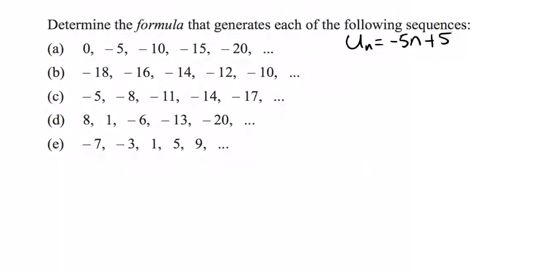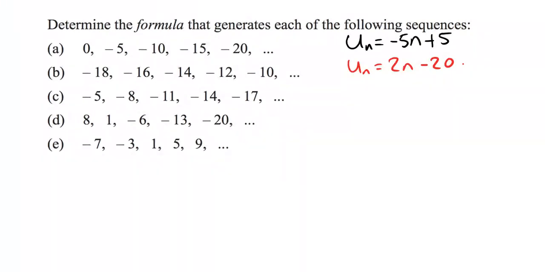Plus 5. There's my answer to A. For B, we are going up this time, in 2s. Un equals 2n. But what do I add to 2 to make minus 18? I'm going to have to do a minus 20 there. So there's my answer to B.